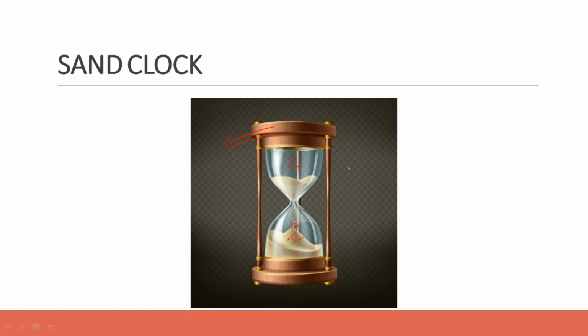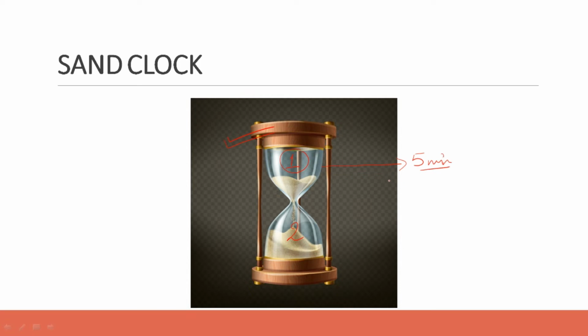So what happens in the sand clock is we just wait for the sand to get empty from one compartment. Let's say from the first compartment, the sand takes 5 minutes to get empty. So we are taking it as just a normal example. It is not always possible that it will take 5 minutes only. It can take a longer time.